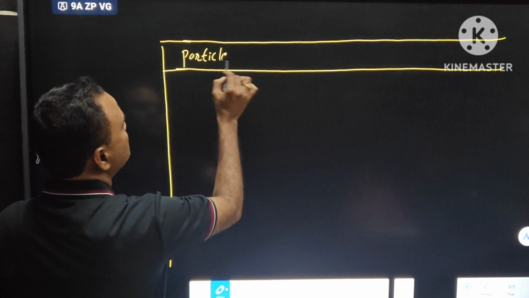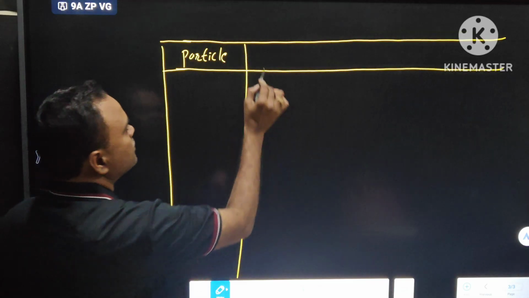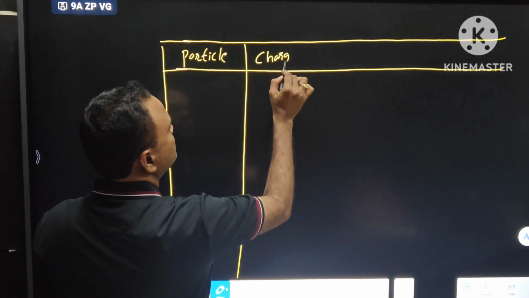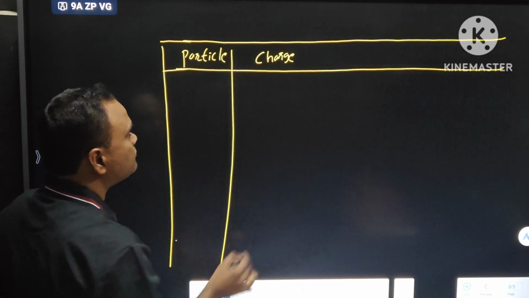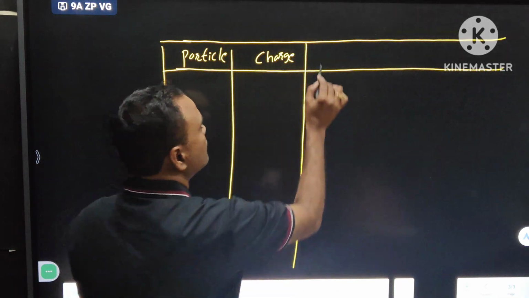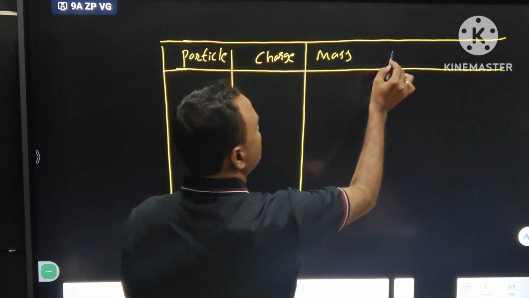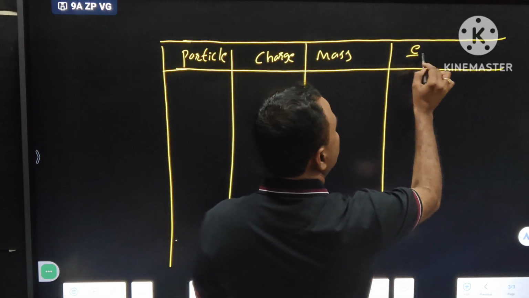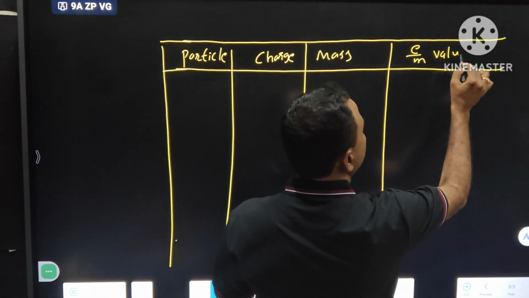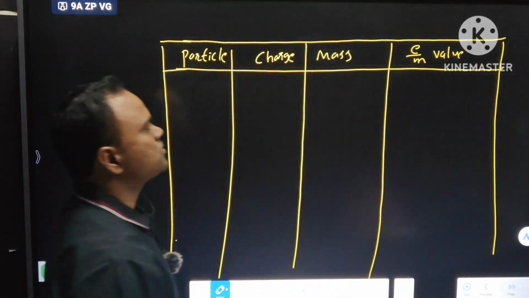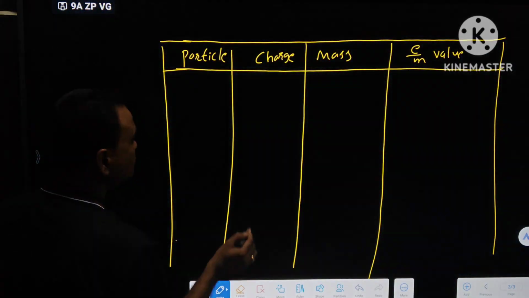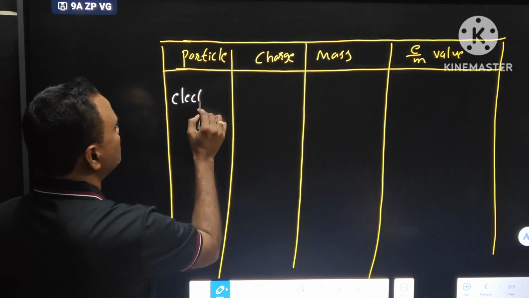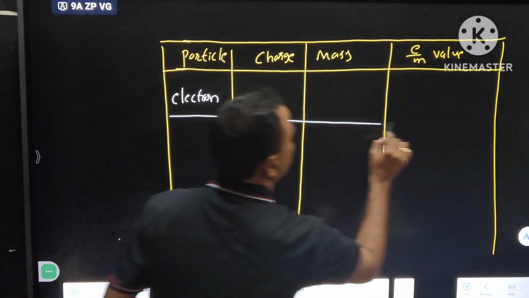Particle, charge, mass, e by m value, charge to mass ratio. Electron: what is the charge of the electron?